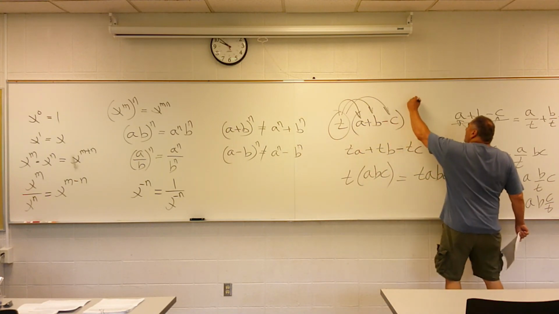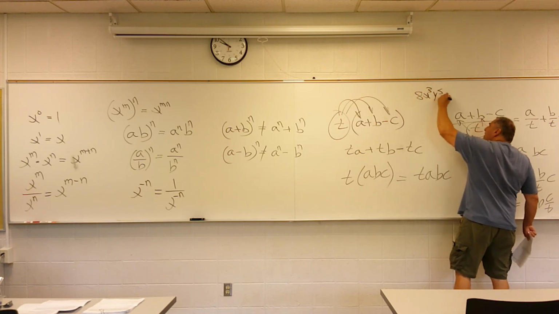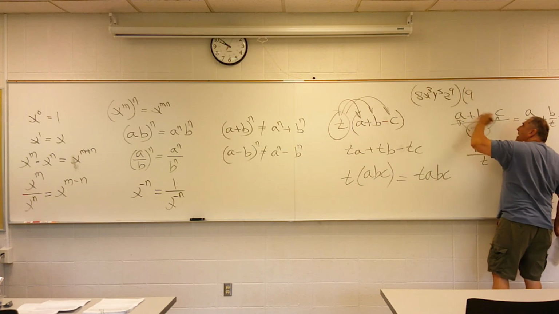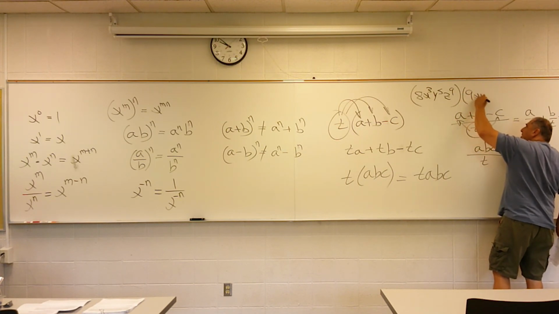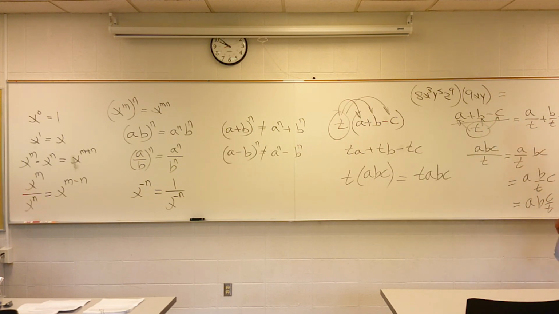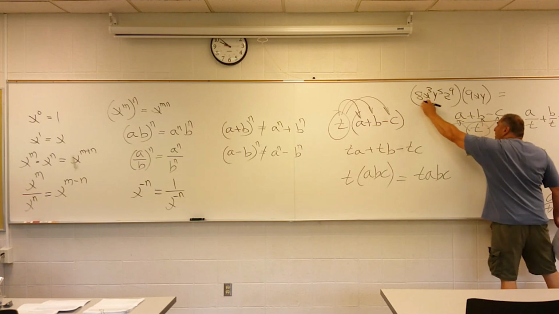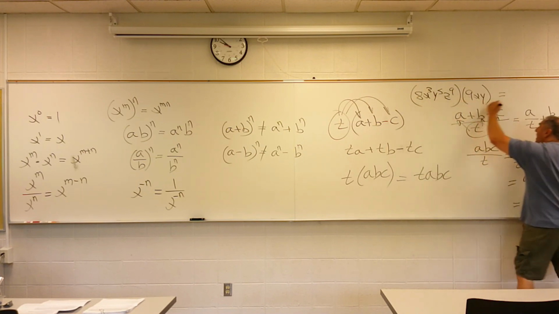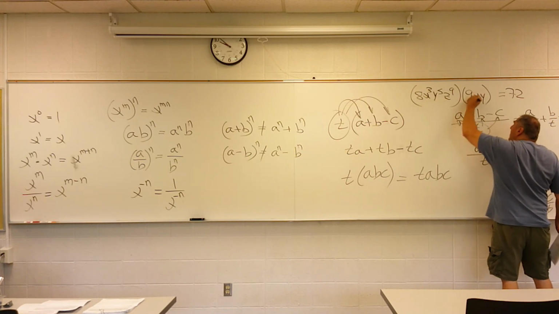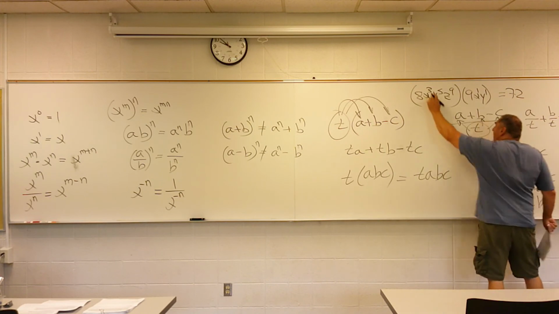So if you got something like this, 8x to the third, y to the fifth, z to the ninth, times 9x, y, like that, you are not going to distribute. You're going to go numbers with numbers and be done. 8 times 9, 72. X to the third times x to the 1. Did we say x is x to the 1? Y is y to the 1. Add the exponents.